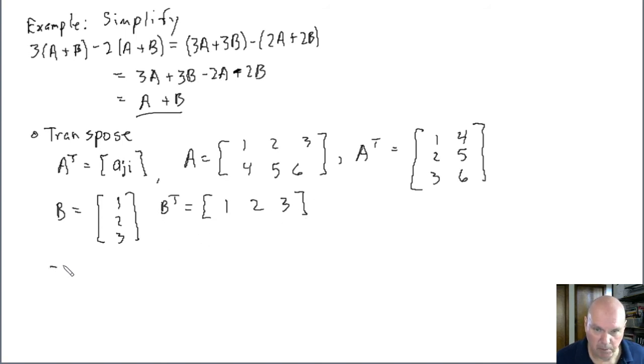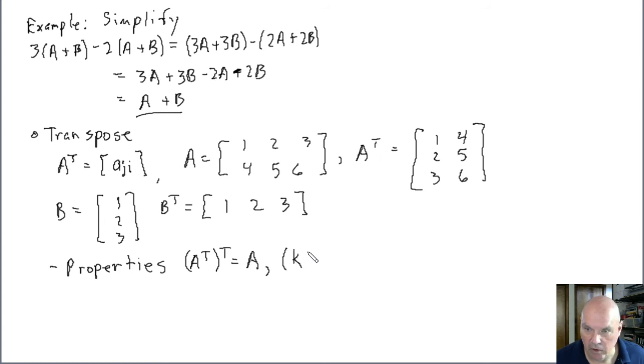Okay. Some basic properties of the transpose. The transpose of a transpose is equal to the original matrix, and the transpose of kA is equal to k times A transpose.